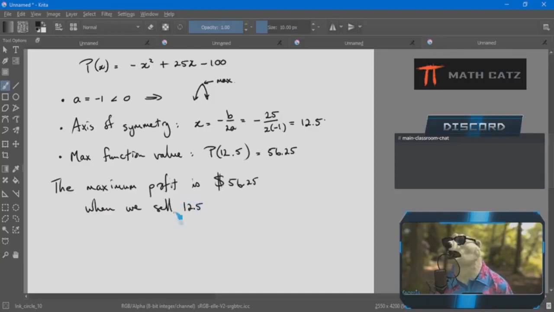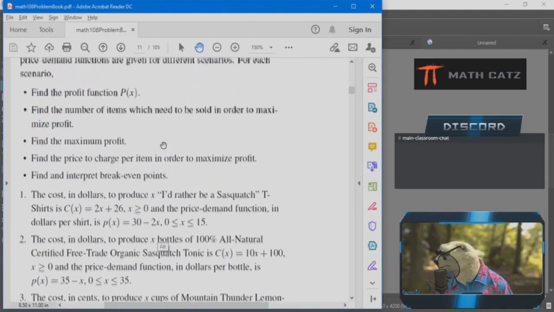Now, of course, now you can decide, okay, 12 or 13. We're just doing the analysis, forgetting the practical aspect of it. Of course, you have to round these numbers because you can't sell half a bottle. Maybe you can, depends. So that was the first part.